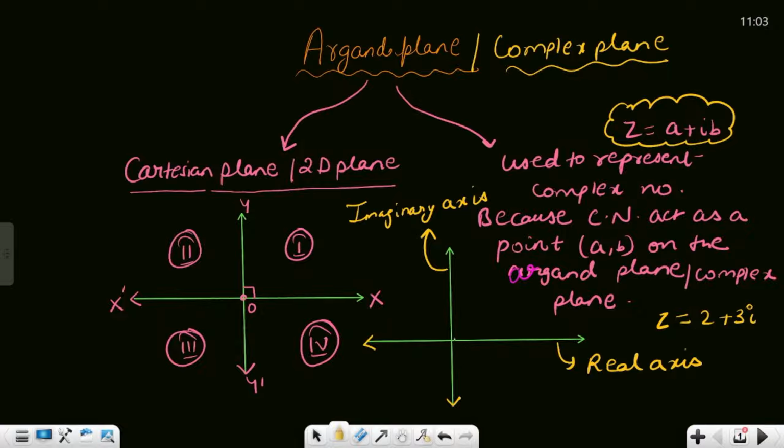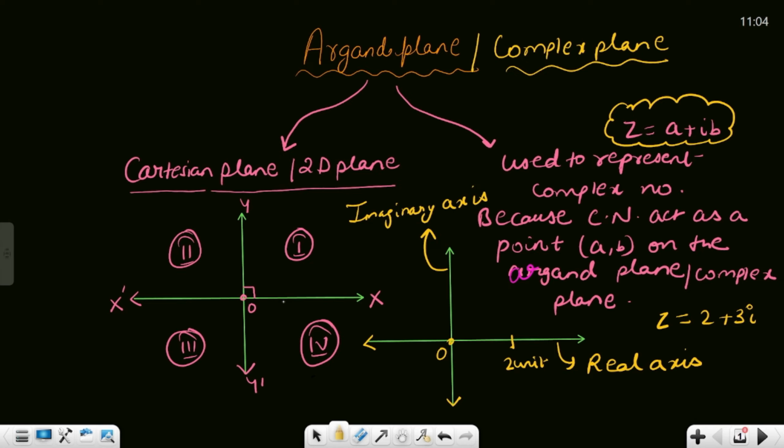So 2 is the real part. This is the origin only, 0 plus 0 iota. We will move 2 units on the real axis, just like in the 2D plane.